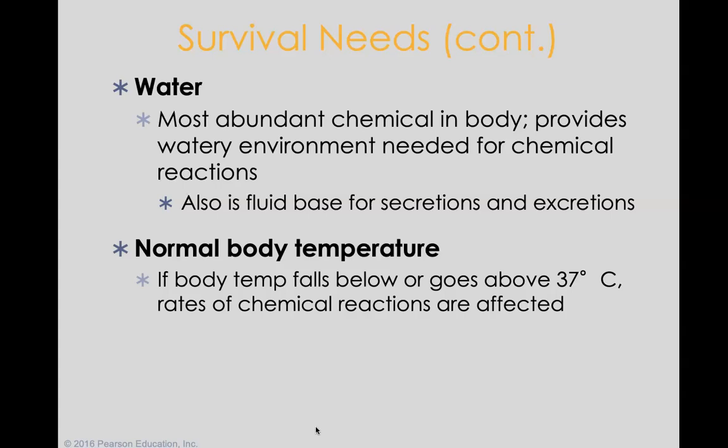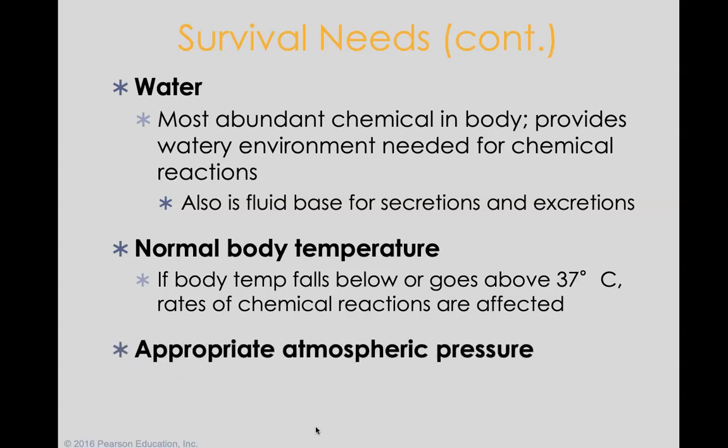Otherwise, they would happen way too slow. So every single chemical reaction in your body has an enzyme with it. And those enzymes are very temperature specific. They're also specific to certain pHs and things like that. So that's why we want to maintain a normal body temperature.